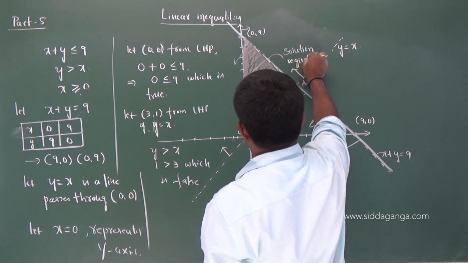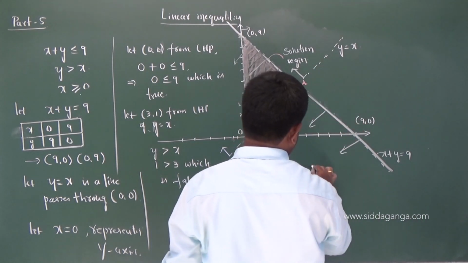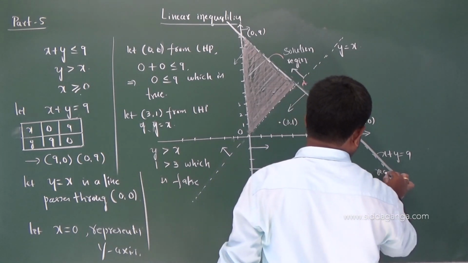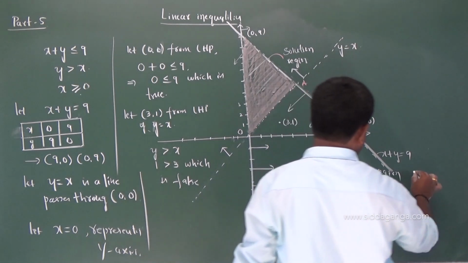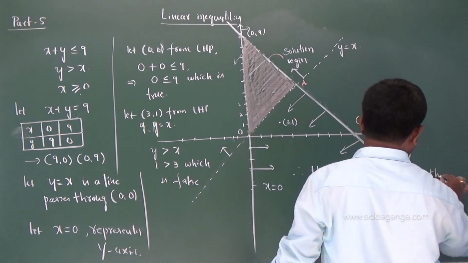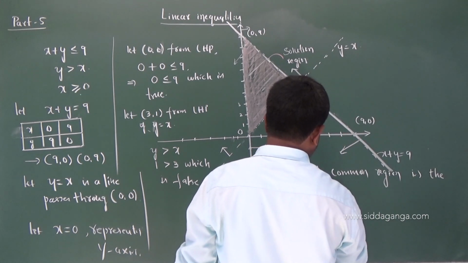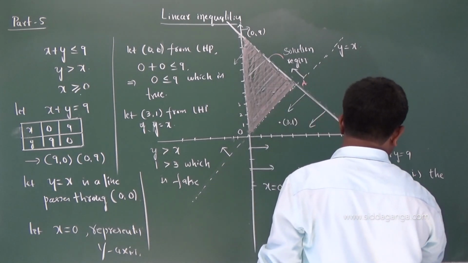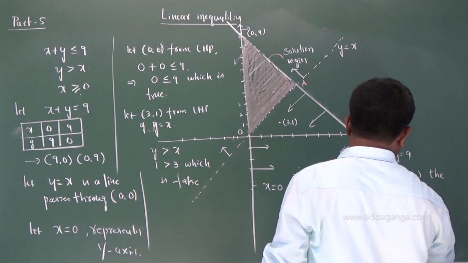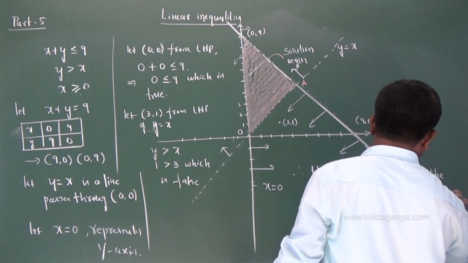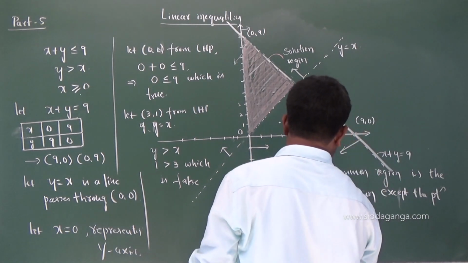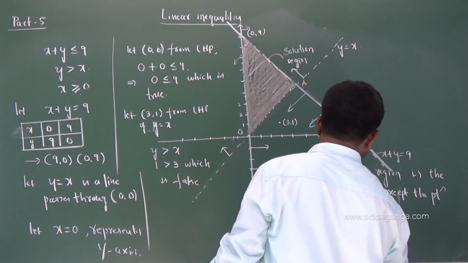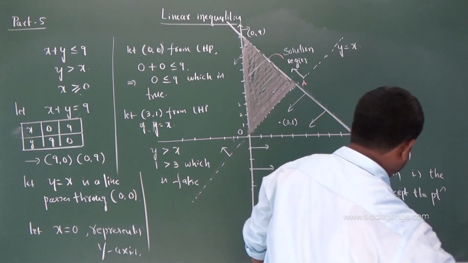So at last the conclusion is what? Therefore the common region is the solution region, except the points that come on line OA.